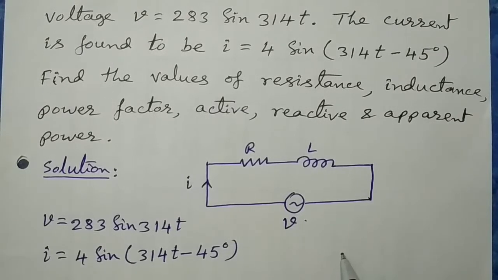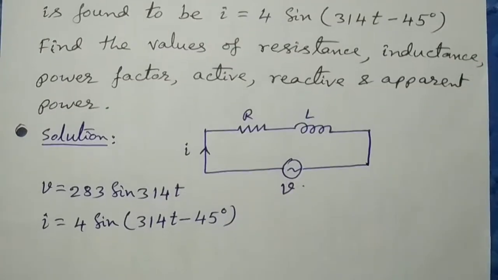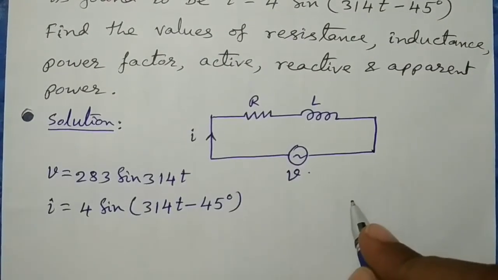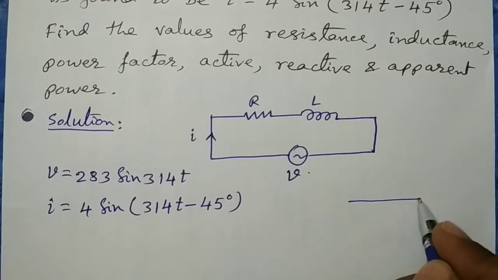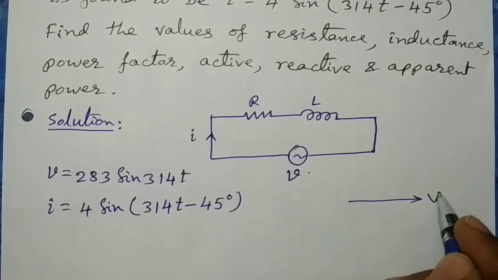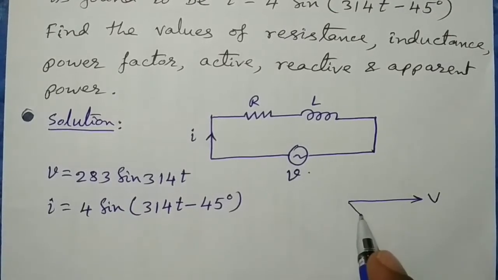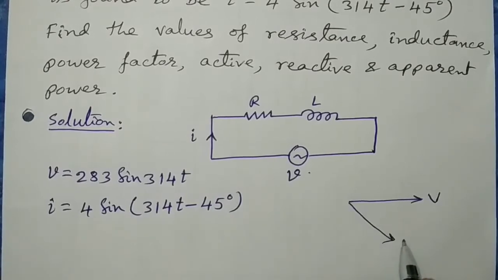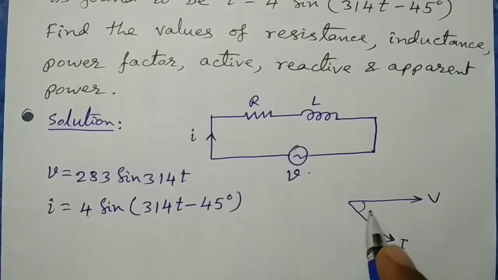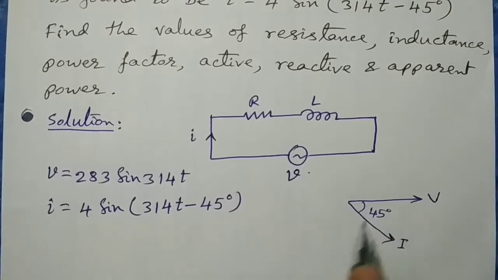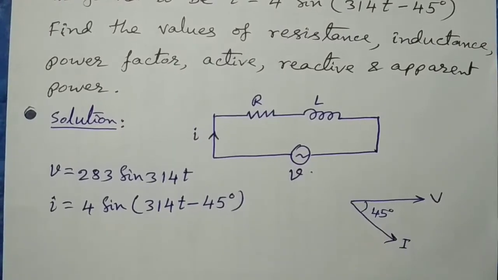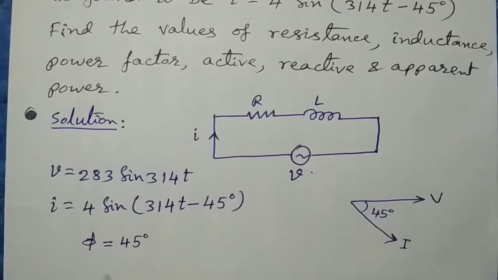Now if we draw the phasor diagram, V will be the reference line and the current will lag the voltage by 45 degree. Therefore, the phase angle, that is the angle between voltage and current, is 45 degree.